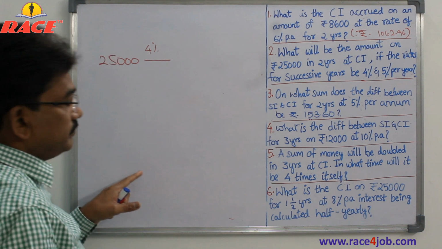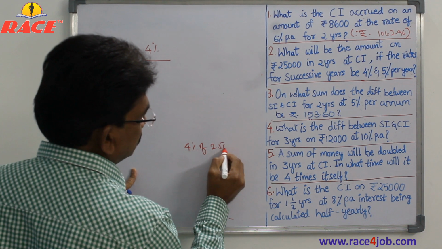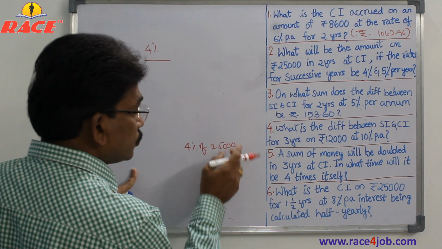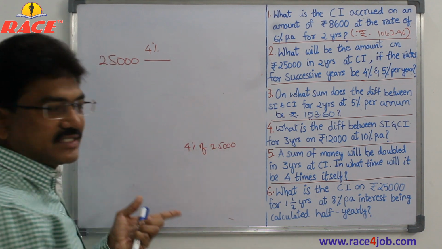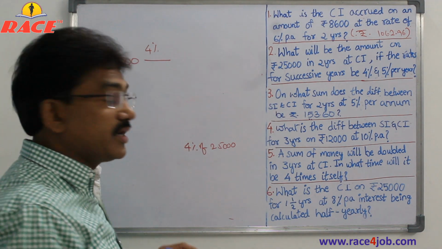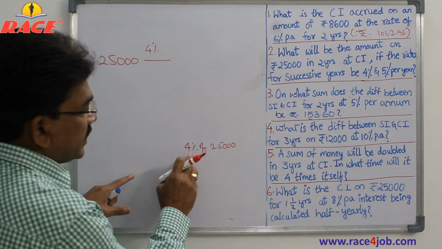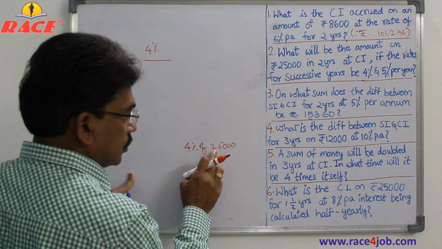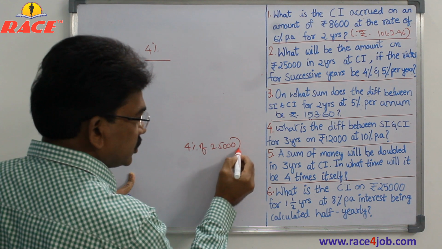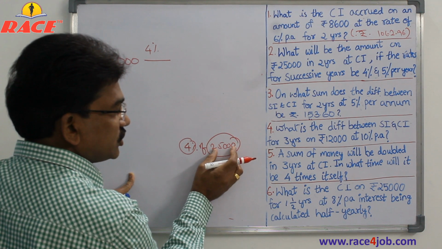I told you in percentages, 4% of 25,000 or 25,000% of 4 is the same. You can interchange the numbers. Not only the entire number, you can interchange a part of a number also.